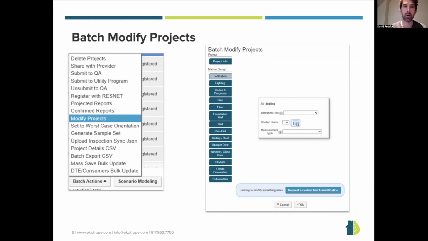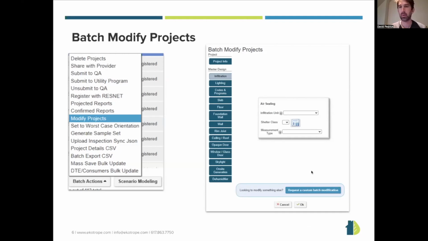It takes a little bit longer because we'll have to write some little computer scripts to make that happen, but we can support a lot of different things. We support all sorts of updates on that custom batch modification feature, and sometimes we may ask a few follow-up questions about the requests you've made so we can support that.